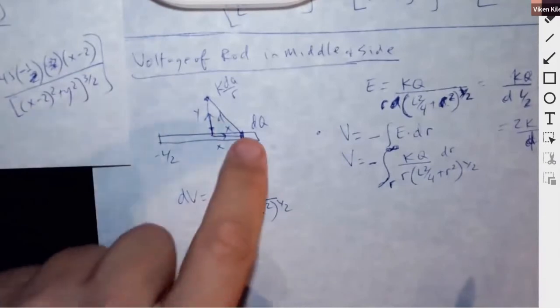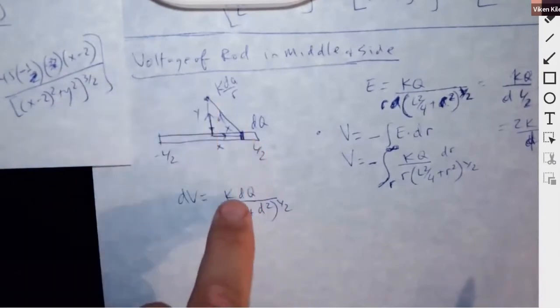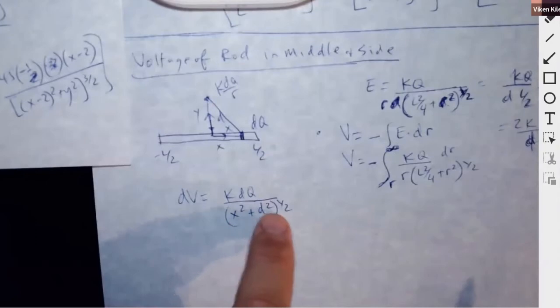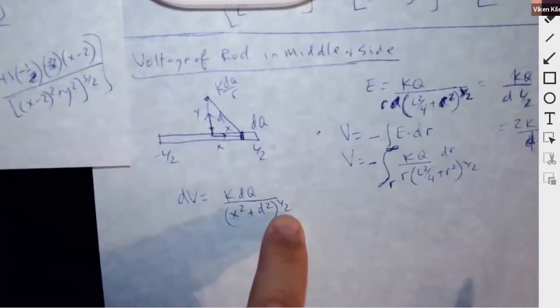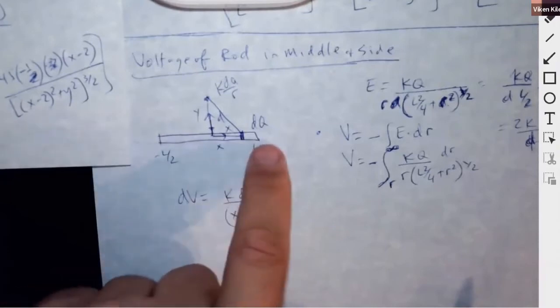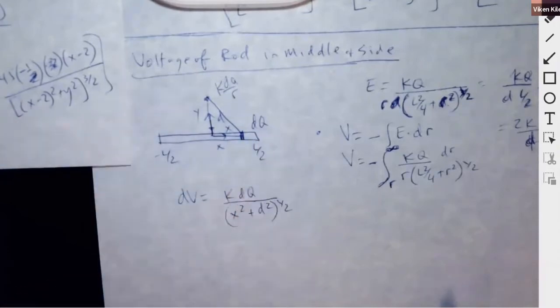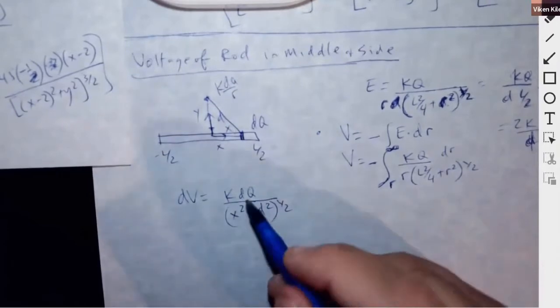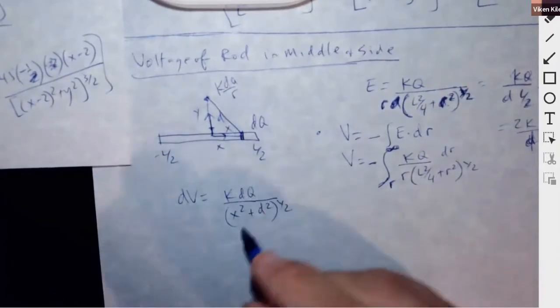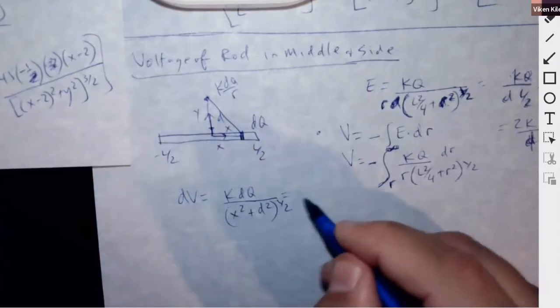Right, so the voltage created by dq at that point is k dq over x squared plus D squared to the 1/2. And then that's it. Just integrate from negative L over 2 to L over 2. And that gives you the equation already. So then dq is going to be lambda dx.